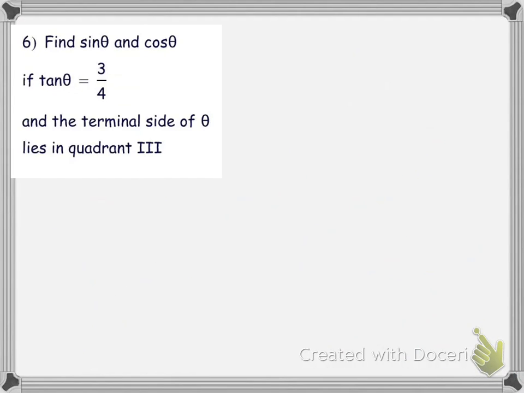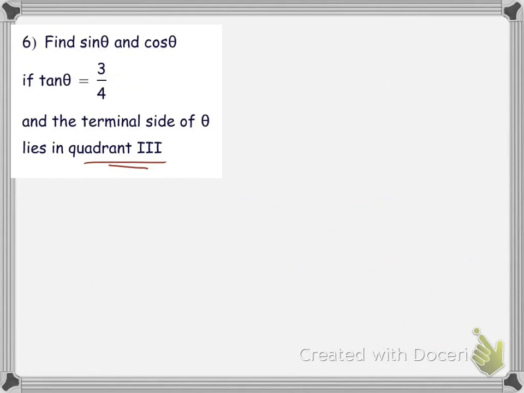Okay, so for this next one, find sine of theta and cosine of theta when I'm given tangent of theta is equal to 3 over 4, and the terminal side of theta lies in quadrant 3. And that's an important part: you're going to find 2, and you've got to figure out which one it is.